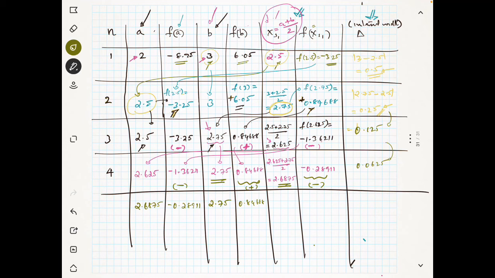If you take the average, you will get 2.71875, and if you take f of that x1, you will get 0.27092. You see that the value of f of x is now decreasing.